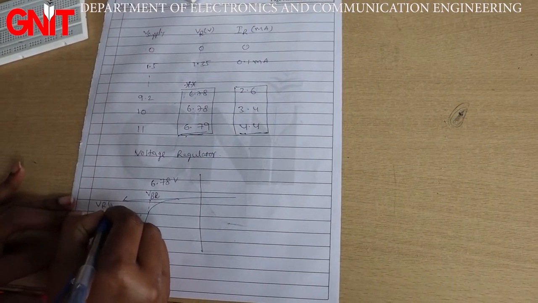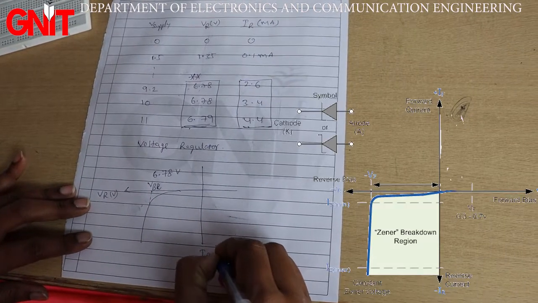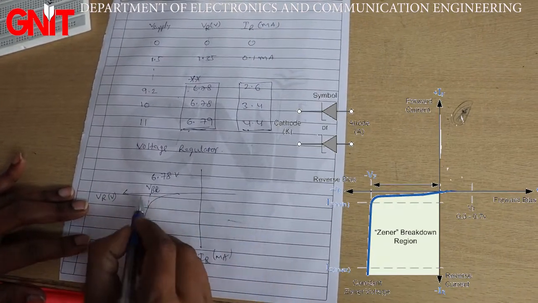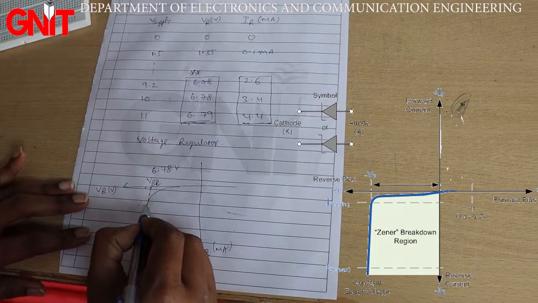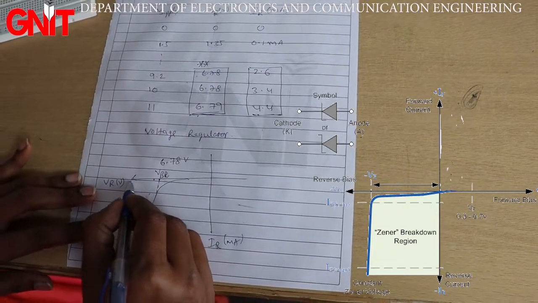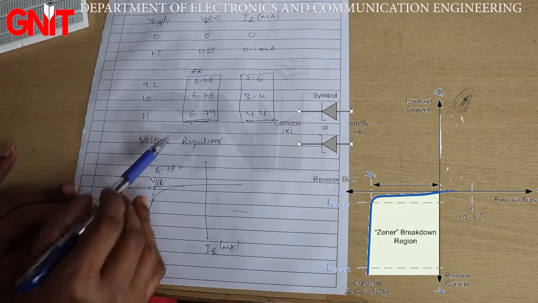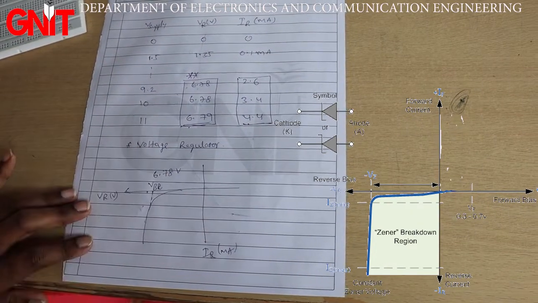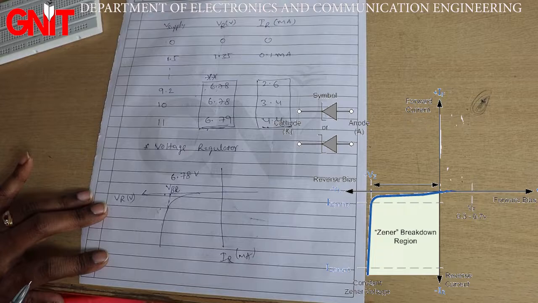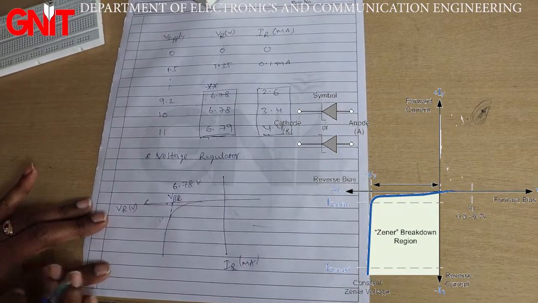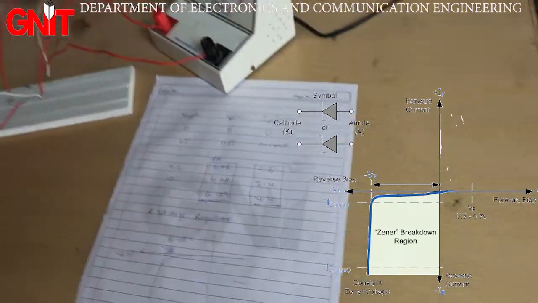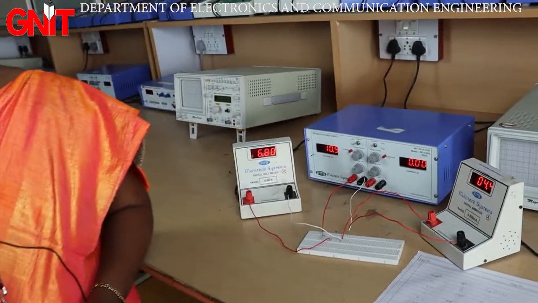This is reverse voltage and this is reverse current. Here there is a small variation in the voltage though we are increasing the external supply more. This feature makes us use this Zener diode as voltage regulator. This is the experiment of Zener diode.